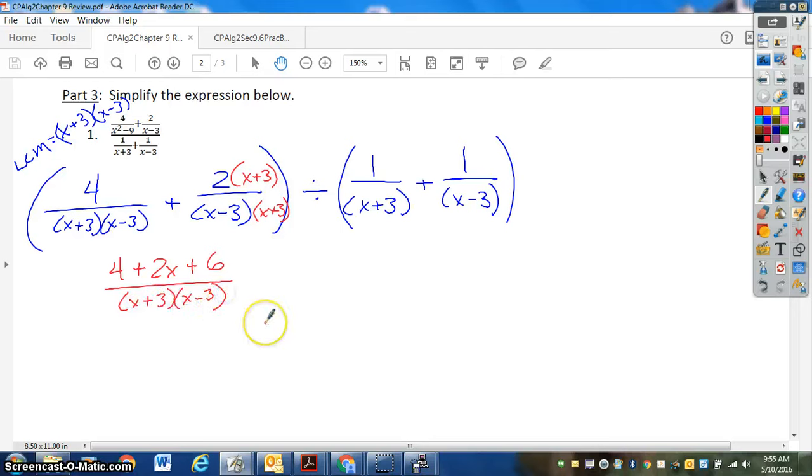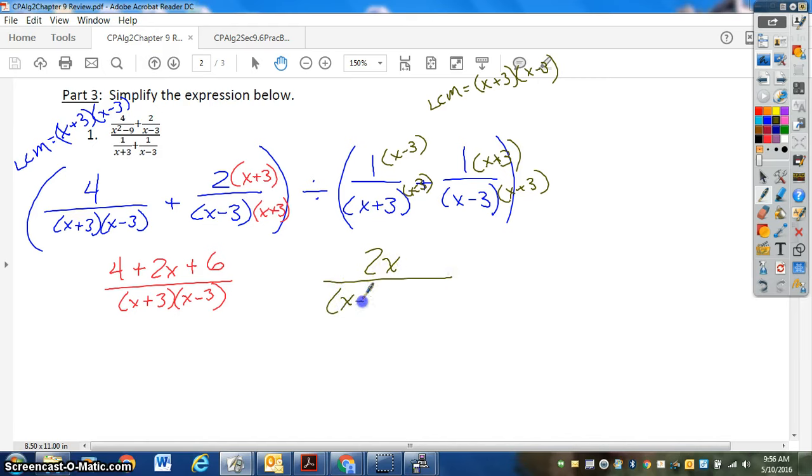Over here on the right, my LCM, again, is x plus 3 and x minus 3. So my first fraction needs an x minus 3. This guy needs an x plus 3. Okay, so x plus x is 2x. Negative 3 plus 3 cancels out. Your denominator is x plus 3, x minus 3.